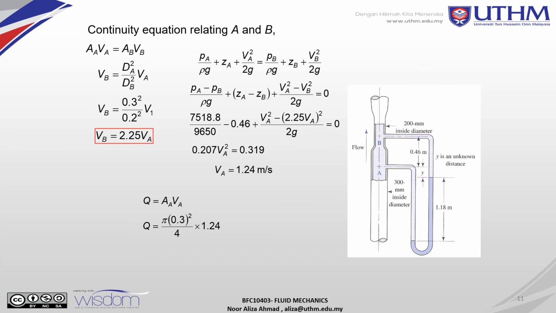Put all the values into this Bernoulli equation until you get VA is 1.24 meter per second. After you get VA, you use Q equals area A times VA, so we get Q is 0.088 meter cube per second. So this is on the venturimeter.